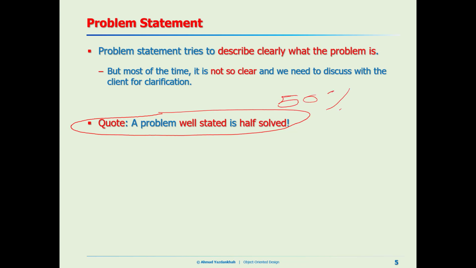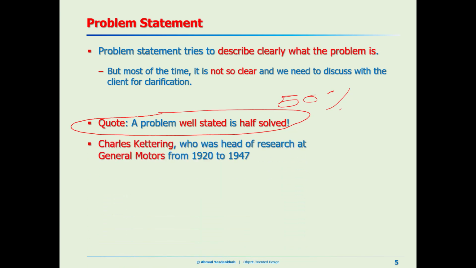So 50% of the problem is solved if you can state it and speak about that very clearly. So this quote actually was from this guy Charles Kettering, and he was from General Motors. Anyway, but it's a very good quote. A problem well stated is half solved.